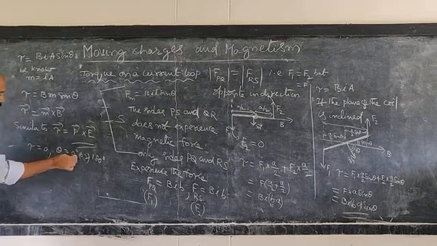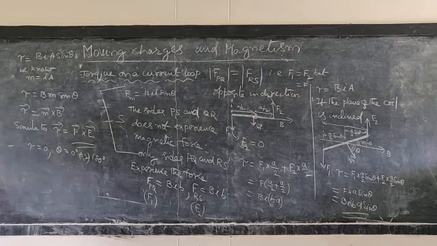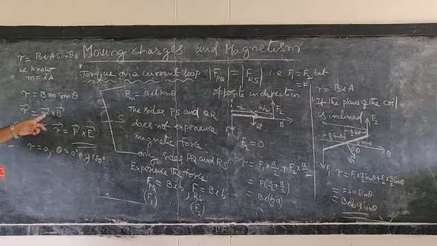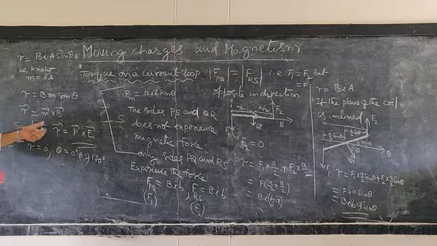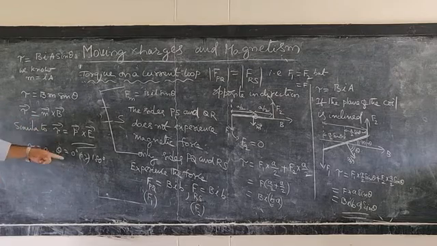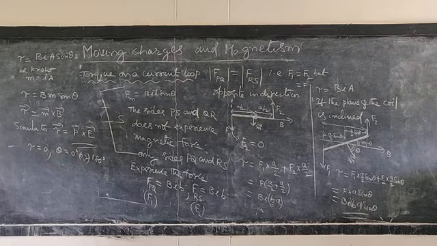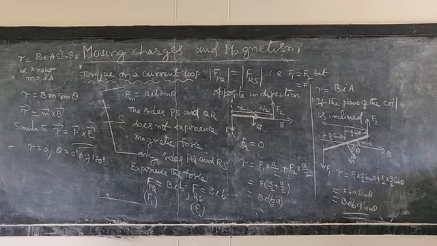That means if the magnetic moment vector of the coil is making an angle 0 degrees or 180 degrees, it means the coil is perpendicular to the field direction.